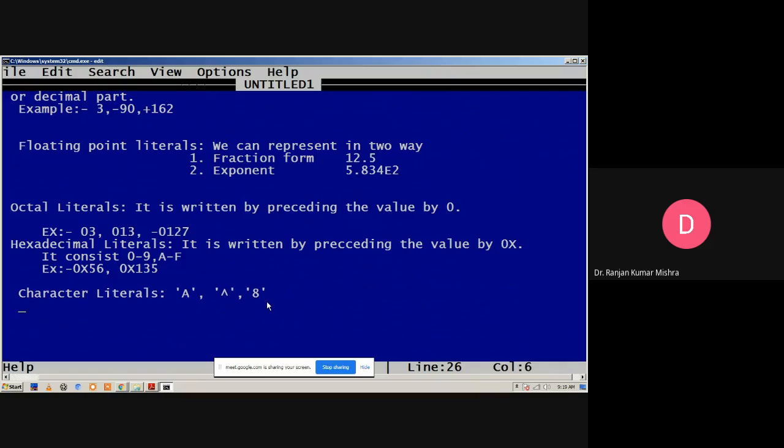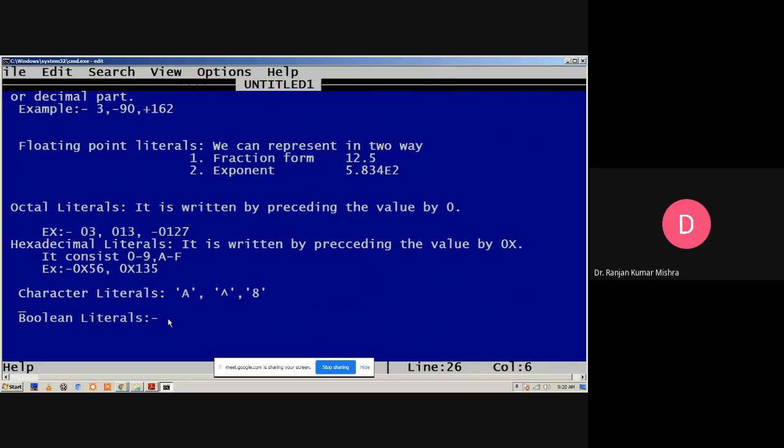Now we discuss the boolean literals. Character literals are followed by boolean literals and string literals. Boolean is a totally new word for you. The boolean data type is supported by Java, not by C++.